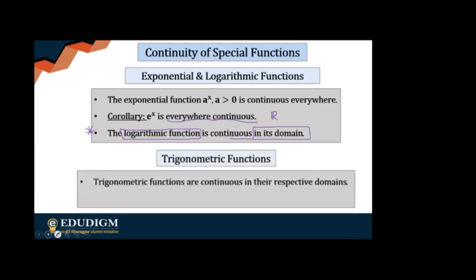Trigonometric functions are continuous in their respective domains, and so are inverse trigonometric functions. So we have talked about the continuity of some special functions. Whenever you are supposed to judge continuity, you don't have to go for the basic definition of continuity.